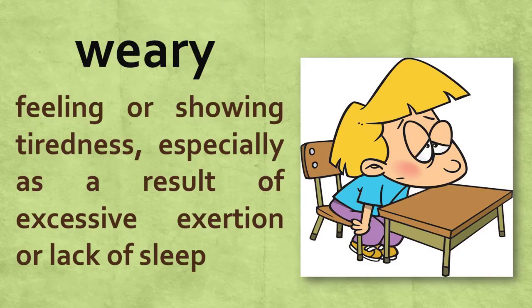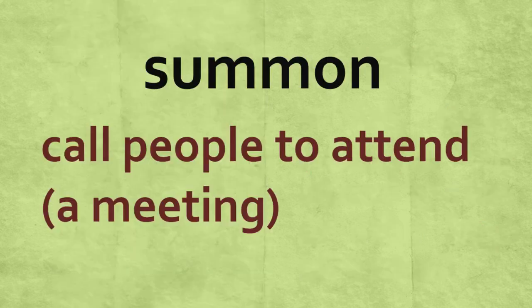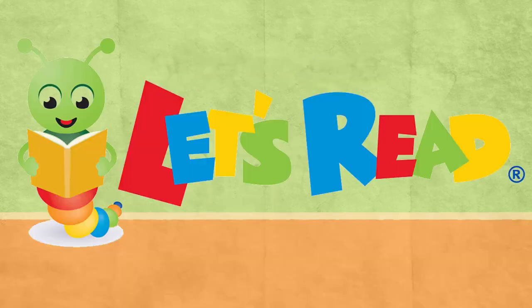Weary, feeling or showing tiredness, especially as a result of excessive exertion or lack of sleep. Roar, a full, deep, prolonged cry uttered by a lion or other large wild animal. Summon, call people to attend, especially in a meeting. Let's read.